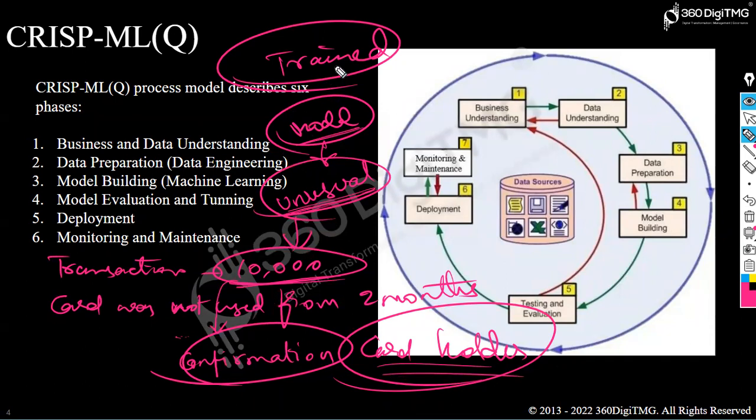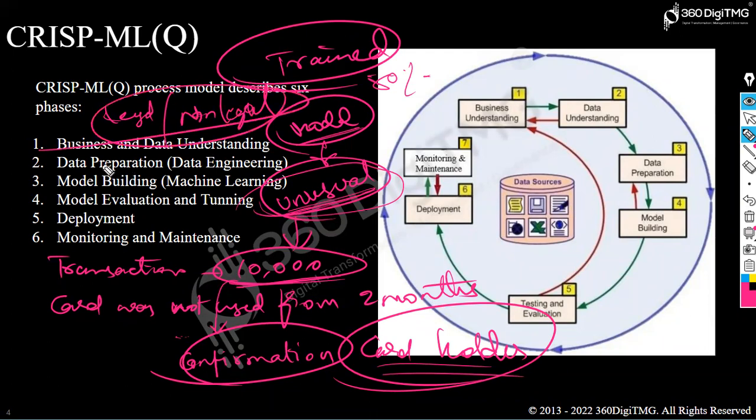So the model is doing 80% of the work in detecting this unusual or illegal transaction. We can't directly say it is a fraud transaction. We can segregate it as legal or non-legal, usual or unusual, so you need to split the data and you need to understand the data.